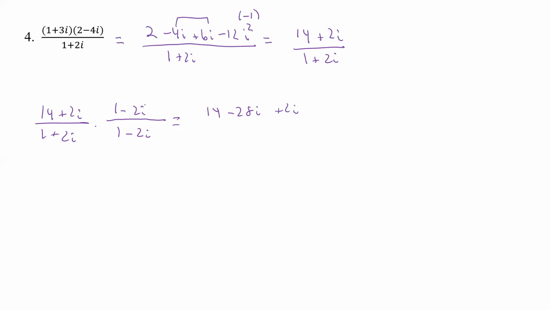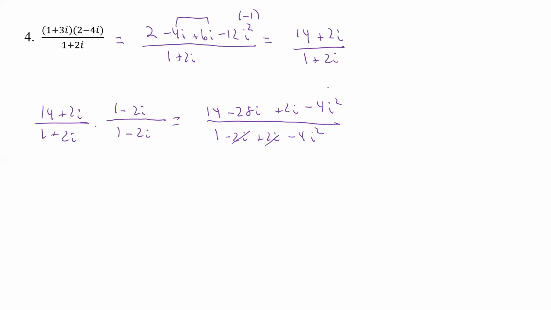And then 2i times negative 2i, so it's going to be minus 4i squared. Over, now we have 1 times 1 is 1. Now remember, those middle terms are going to cancel. We have a minus 2i plus 2i. So if we need to, we can write them in, but we know that should cancel. And then we have 2i times negative 2i, so it's going to be a minus 4i squared.